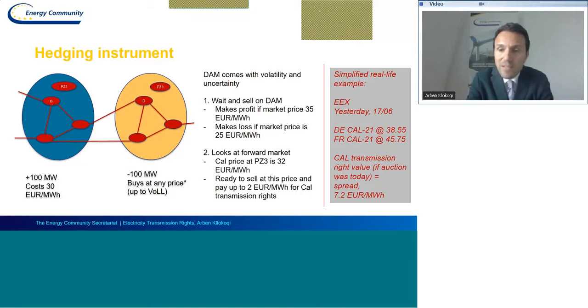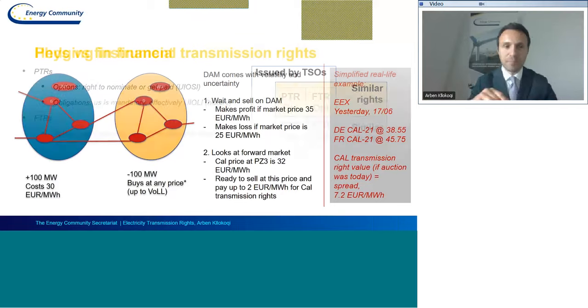This means that if the auction was yesterday or today, the value of the transmission capacity between the French and German markets, in the direction from the German market to the French market, would be around or up to 7.2 euros per megawatt hour. So this is what a market participant would be ready to bid. Of course, this is looking at it only in isolation, so only yesterday's prices. This becomes more complex when you have daily movement of the prices, and when you put in place potential hedging policies and dynamic hedging and so on.